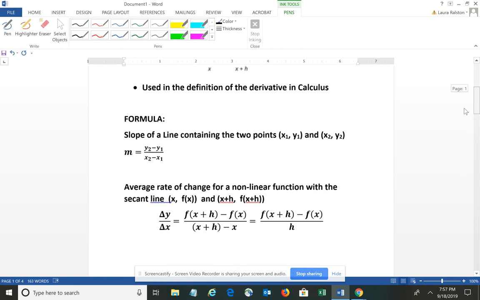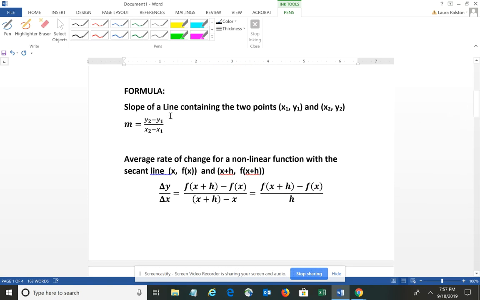You probably already know the formula for the slope of a line. And in case you're unfamiliar with that terminology, let me see if I can sketch you a picture. So if we have a coordinate grid, and then we have a line on that coordinate plane, and we want to find its slope, we focus on 2 points.